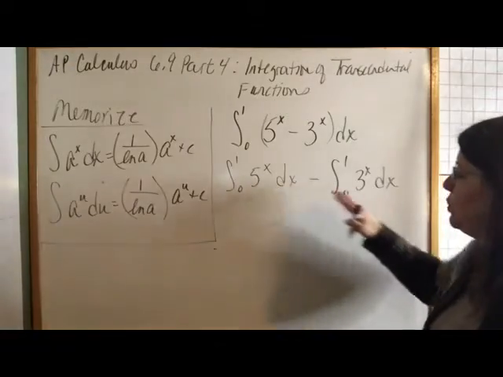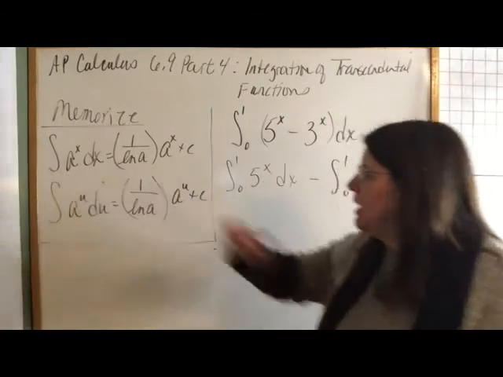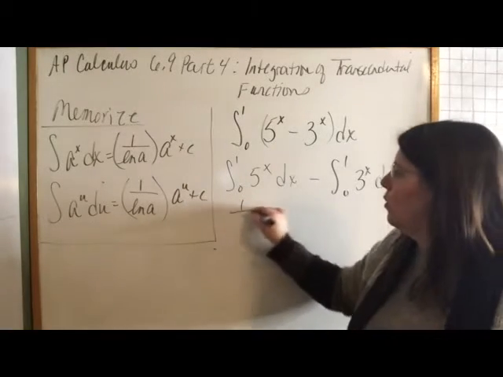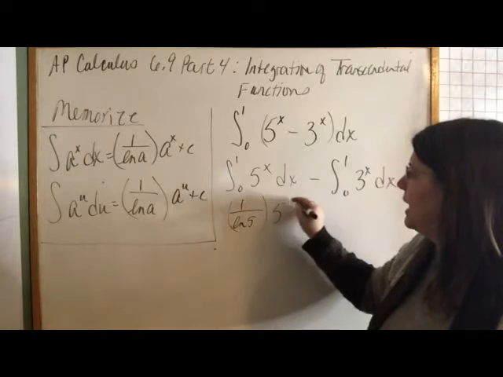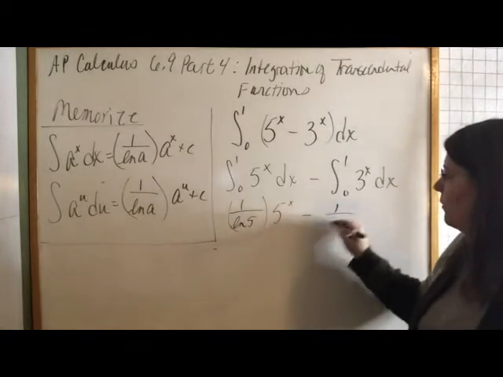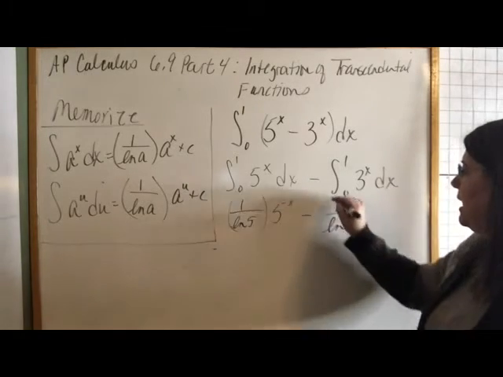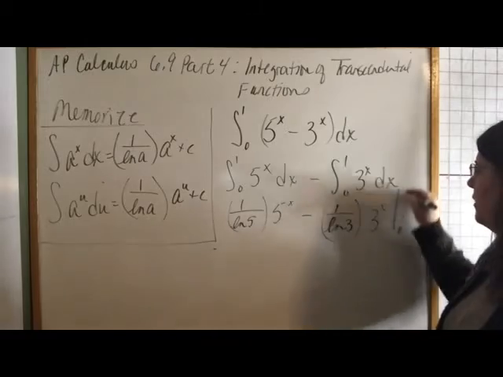Now I have 2 separate integrals that match what we've got here. So the integral of that is 1 over the natural log of 5 times 5 to the x minus, for this one, 1 over the natural log of 3 times 3 to the x. And we're going from 0 to 1.